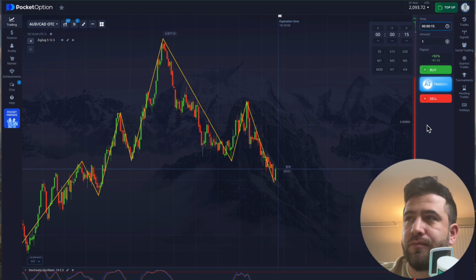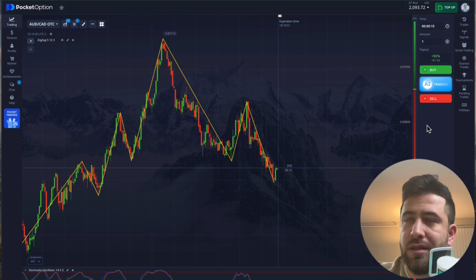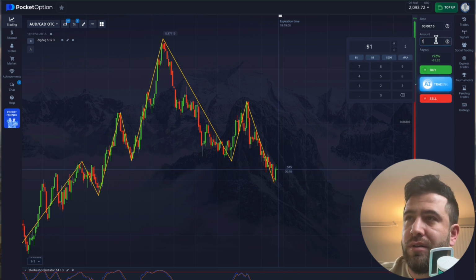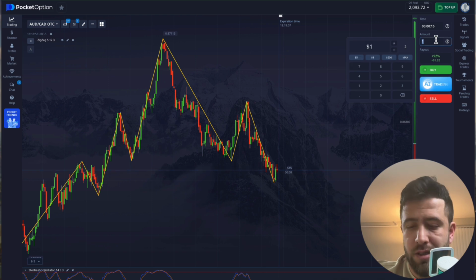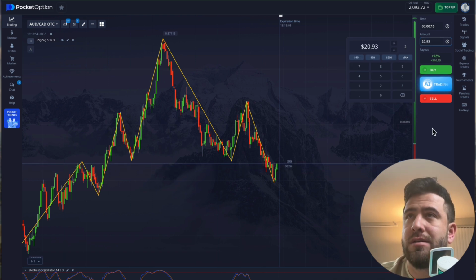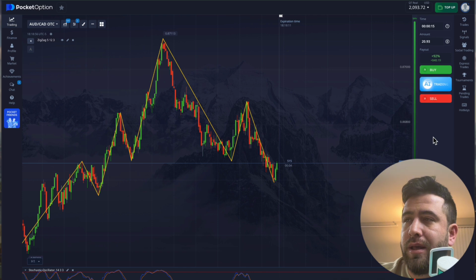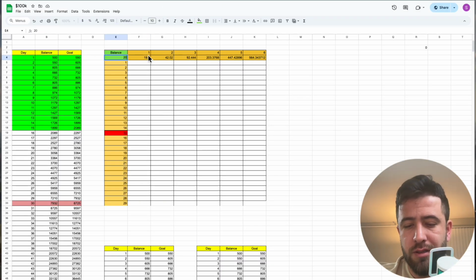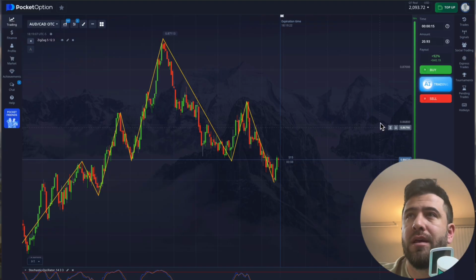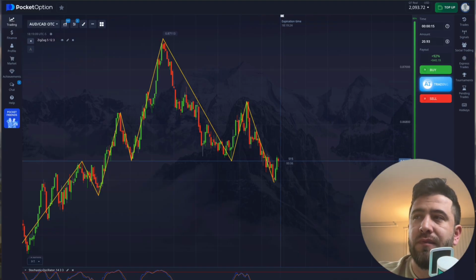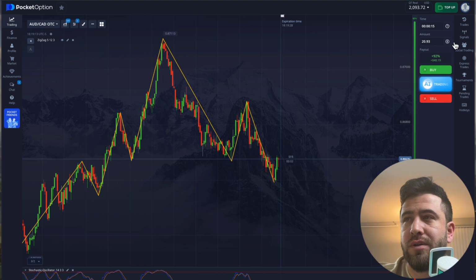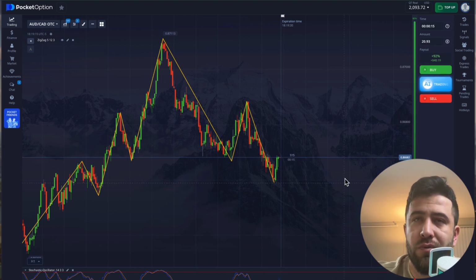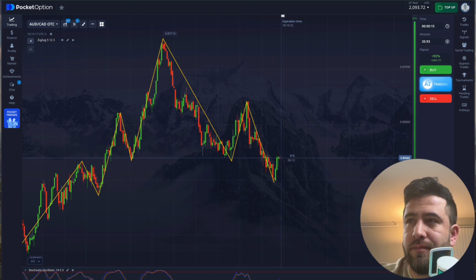So the key is to start with 1% of the balance, which is 20.93 for today, and adjust the trade based on the balance distribution table, which we have here, 2093. If the trade doesn't work out, I'll switch to another currency pair immediately to avoid emotional trading.